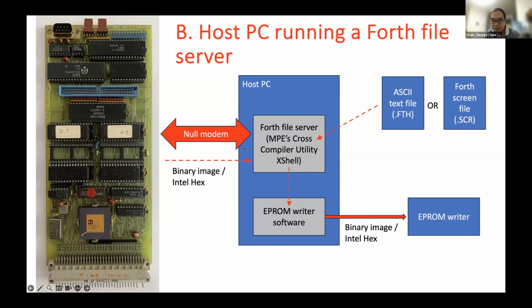It's the same setup, but using different software, which is MPE's cross-compiler, where we can use an ASCII text file for source or a Forth screen file. This shell also communicates with the ROM writer, so it will write the ROM and we can replace the ROMs.